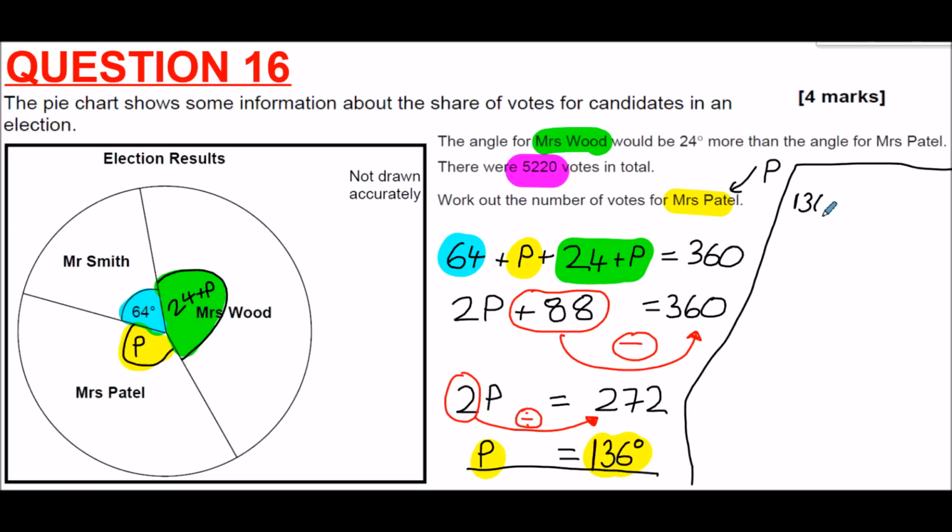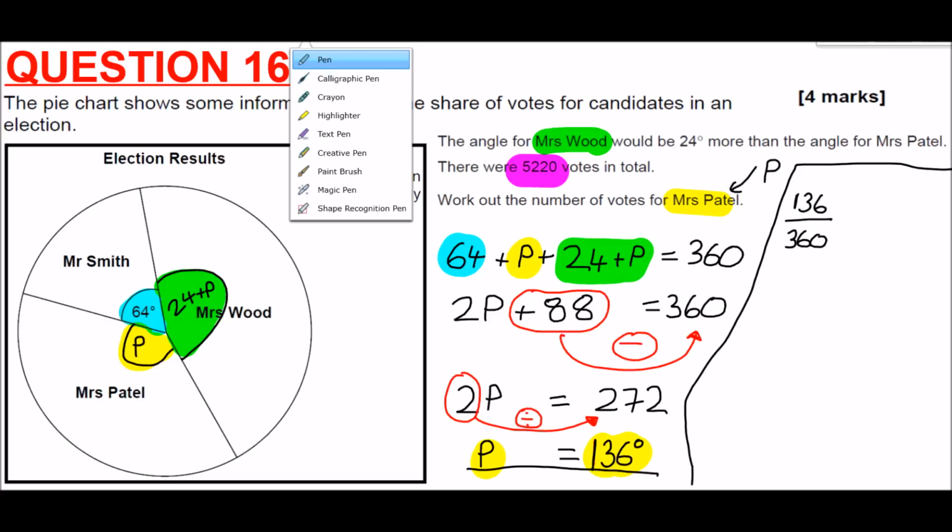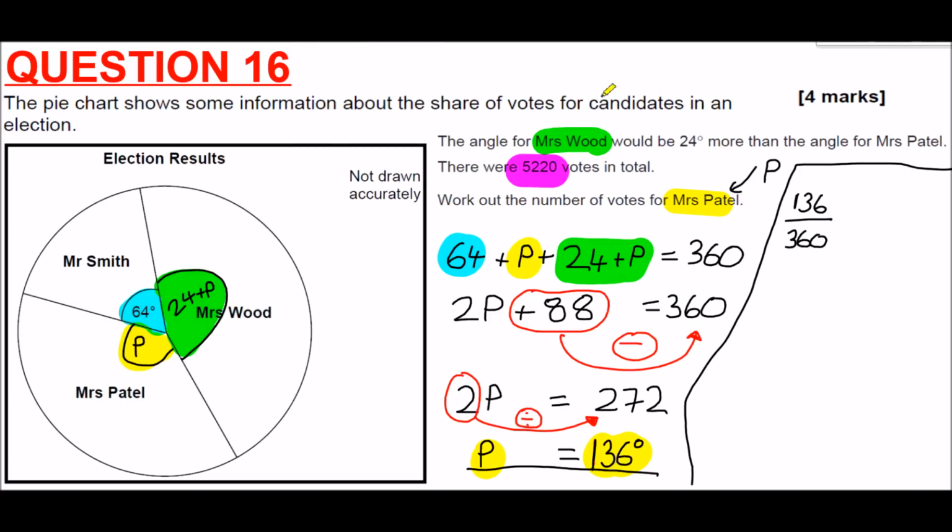The fraction of the votes Mrs. Patel got will be 136 degrees out of a total of the pie chart, which is 360 degrees. So she would receive that fraction of the total votes, which is 5,220.